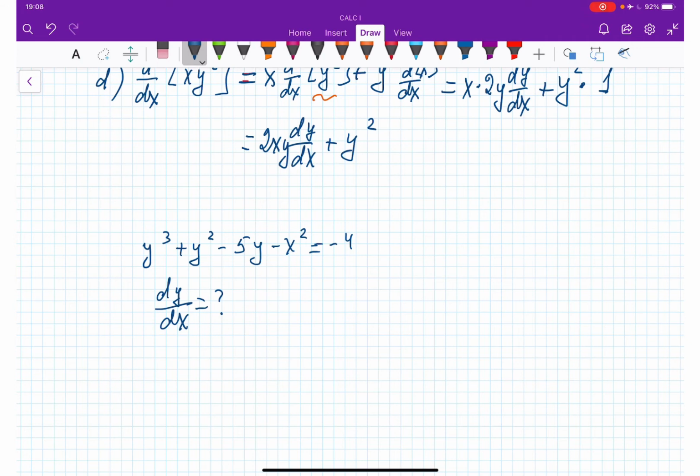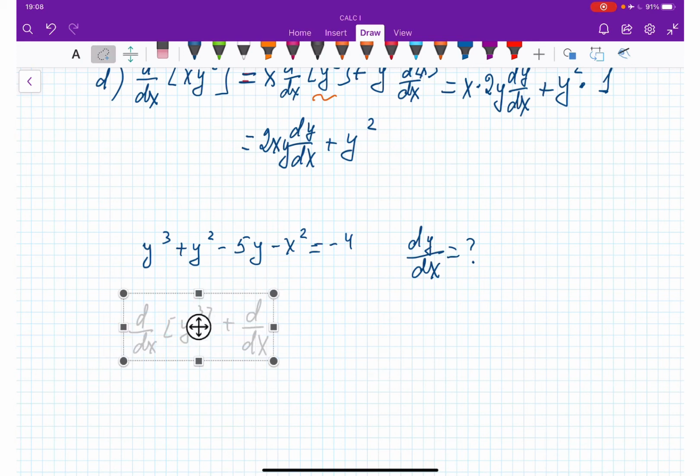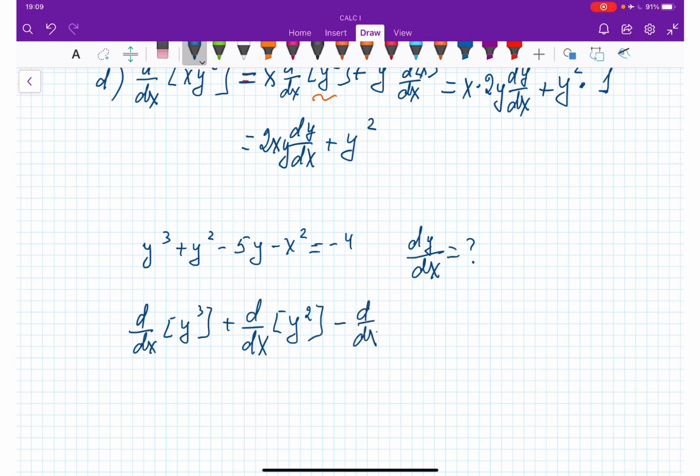Since we have addition and subtraction, I'm going to apply the property of addition and subtraction, which is going to be d by dx of y cubed plus d by dx of y squared minus d by dx of 5y minus d by dx of x squared, and this is equal to d by dx of negative 4.